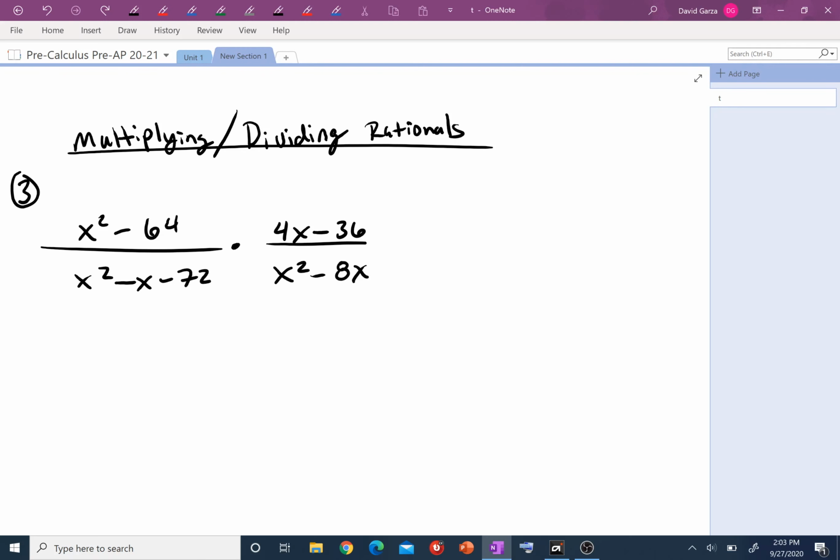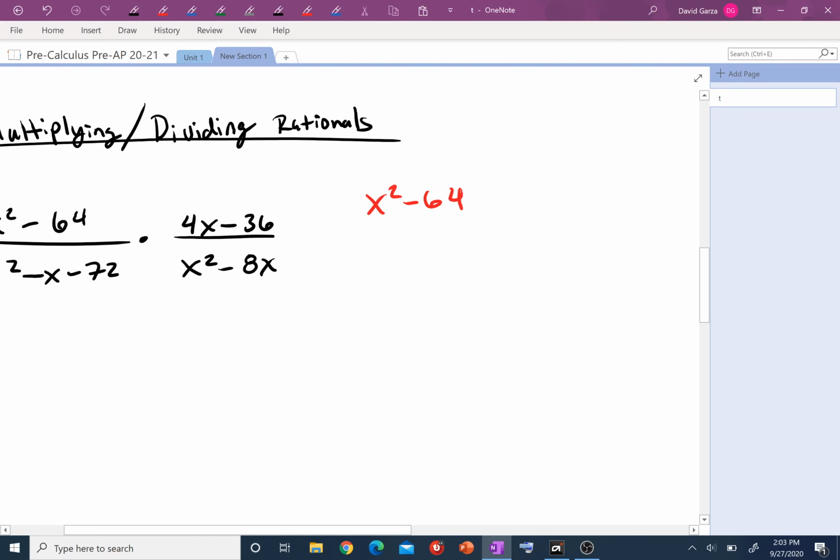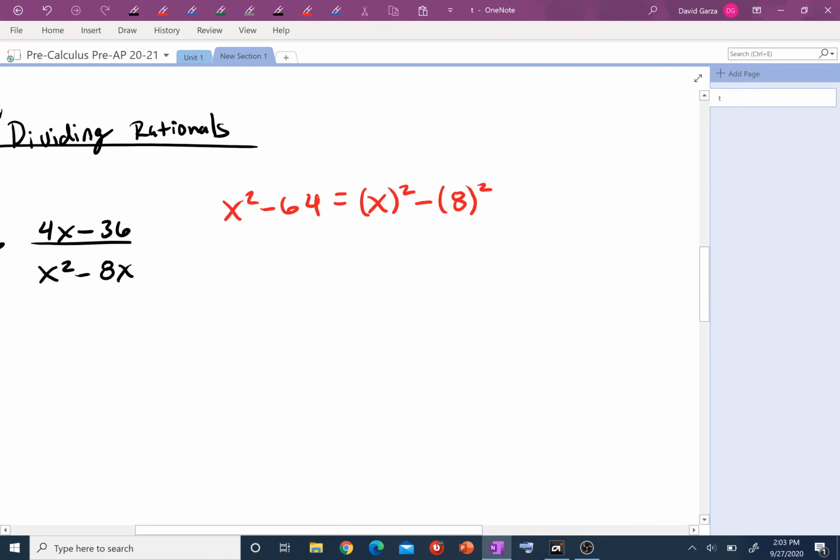So I know that the top is x squared minus 64. So let me write it down here. And this is a square value, both of these. So this can be rewritten as x squared minus 8 squared, right?